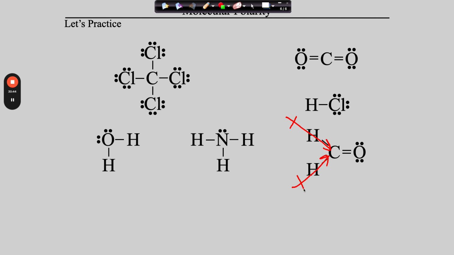Yeah, so this one goes this way. So guys, what is the overall flow of those three arrows? To the right. That is the overall polarity of that molecule. Again, it's formaldehyde. It's a liquid. It's a preservative, but it's a liquid because it's polar.